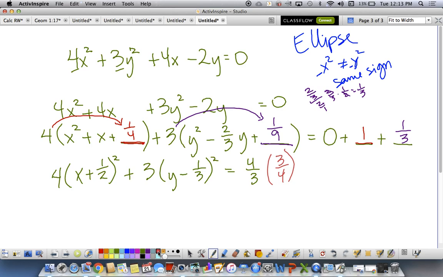An ellipse is not the same distance all the way around, so it doesn't have the exact same properties or characteristics that circles have.